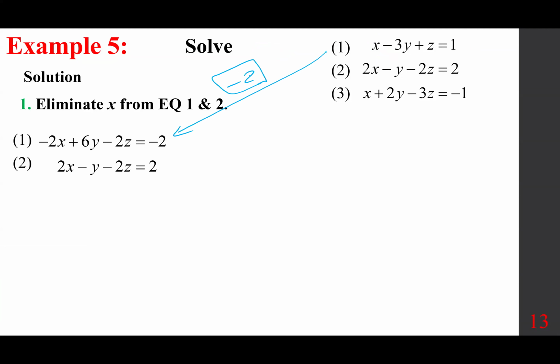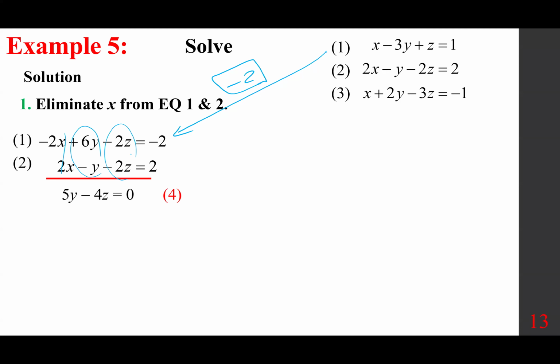Multiplied by negative 2. Okay. So what happens? These two cancel each other. You get 5y minus 4z equals 0.